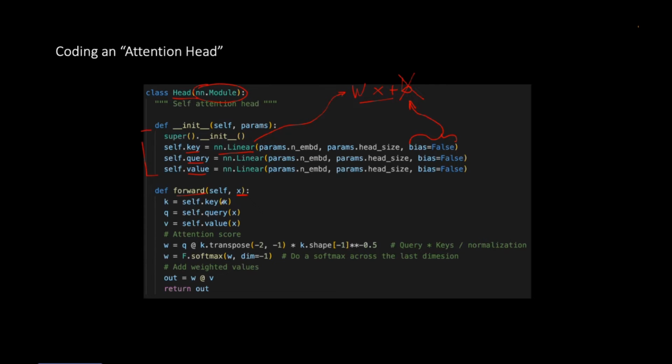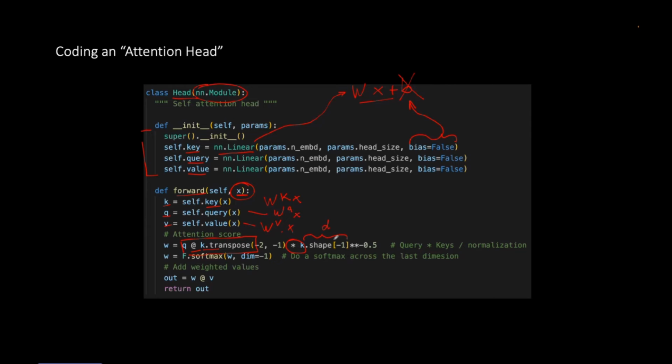So once we initialize this, how does the attention head work? Well, you multiply the weights by the input. This is WK times X, this one here is WQ times X, and this one here is WV times X. So you have the three matrices, and then you just perform the equation: Q times K transpose, divided by the shape of the K matrix.